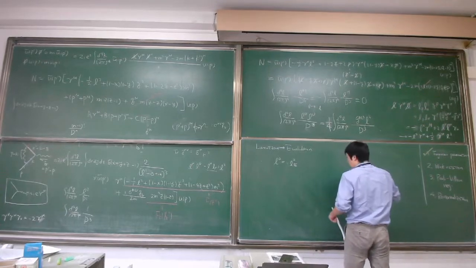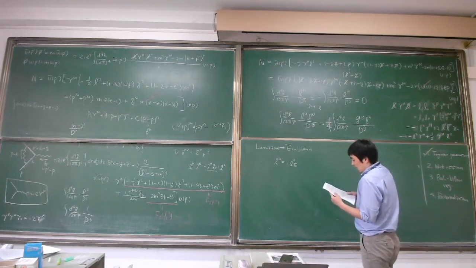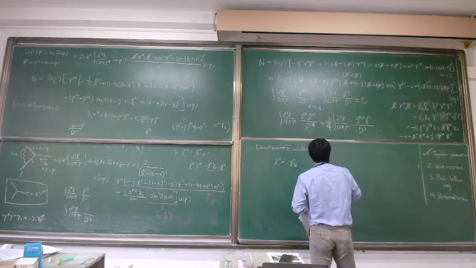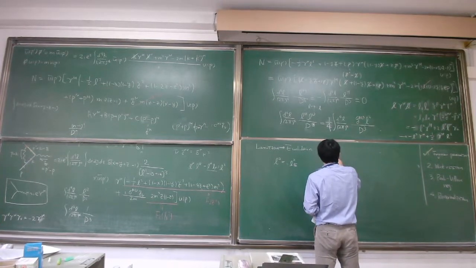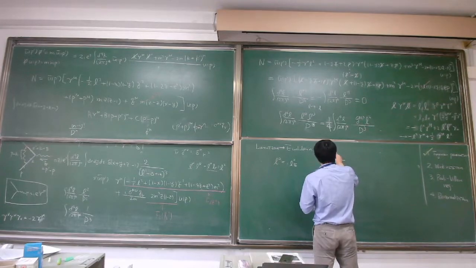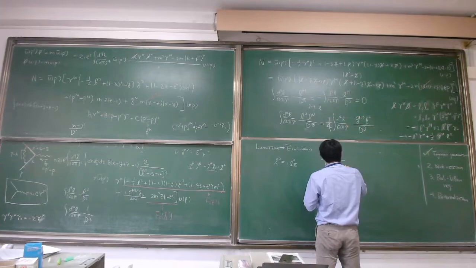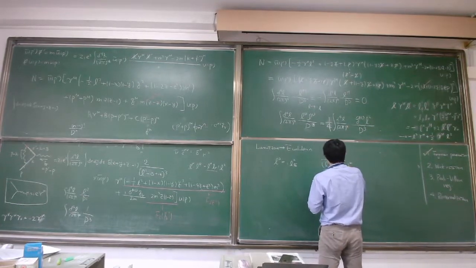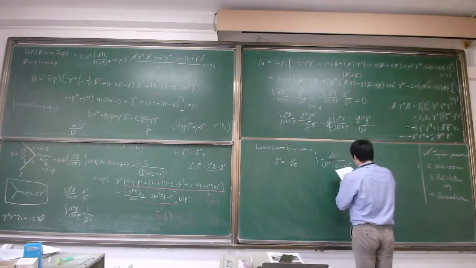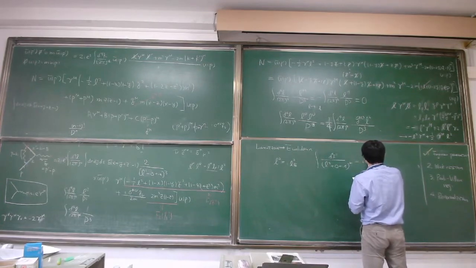So that the L0 integral becomes something like this. This Lorentz integral just becomes something like this one.